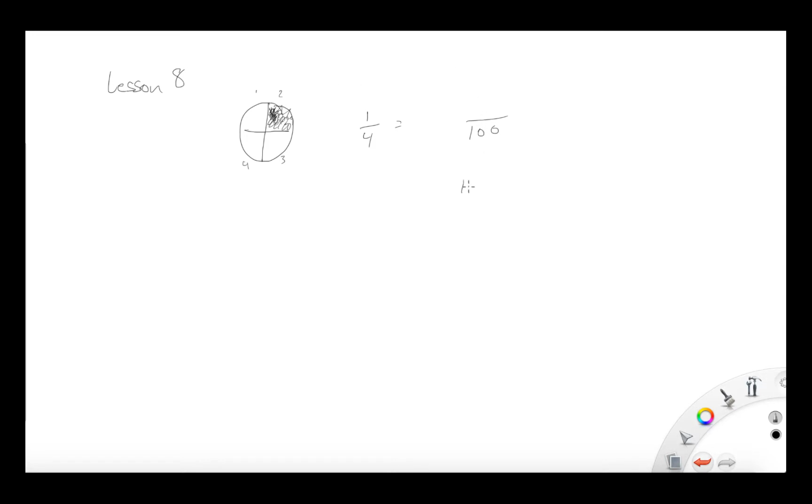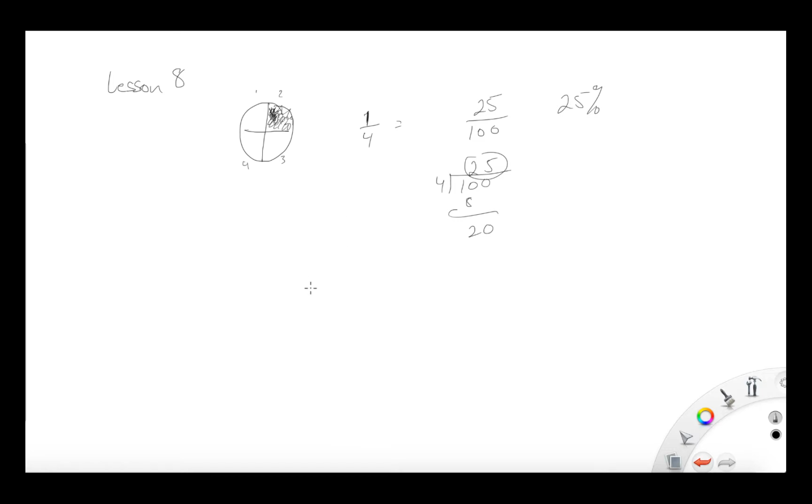So we would take 100 and divide that by 4 and come up with 25. So we could say that this is equal to 25%, right? So 1/4 is equal to 25%.